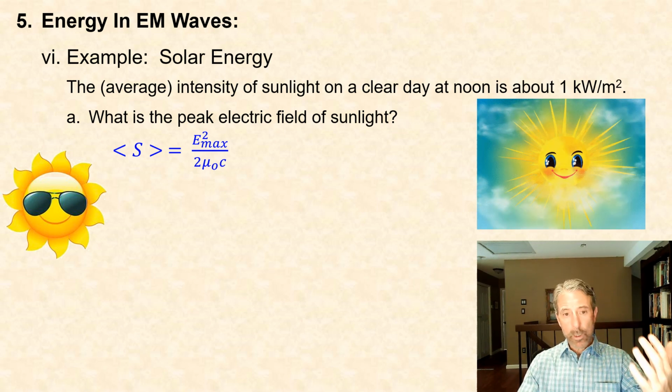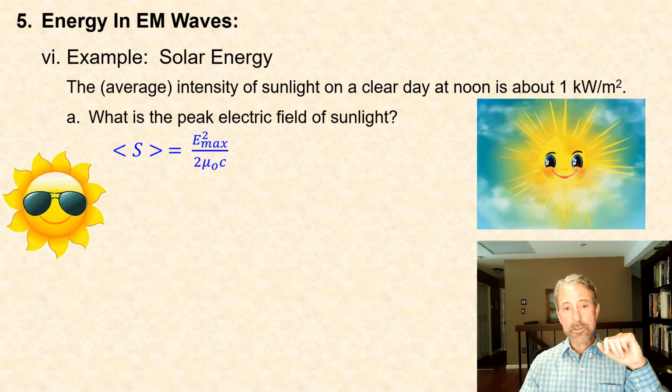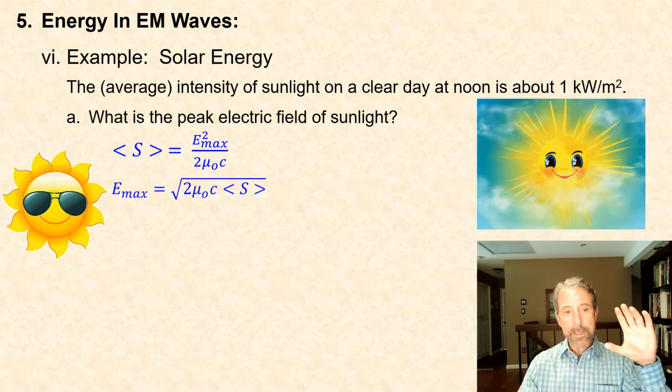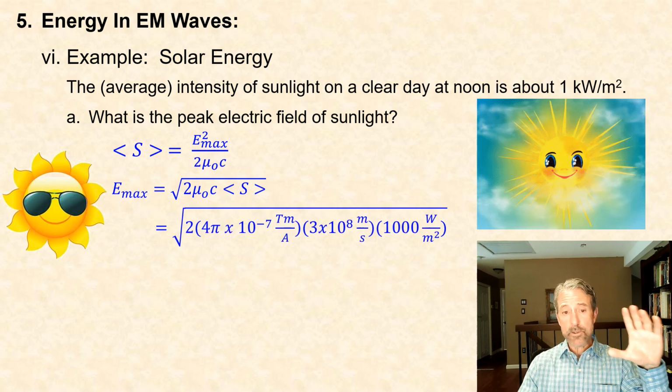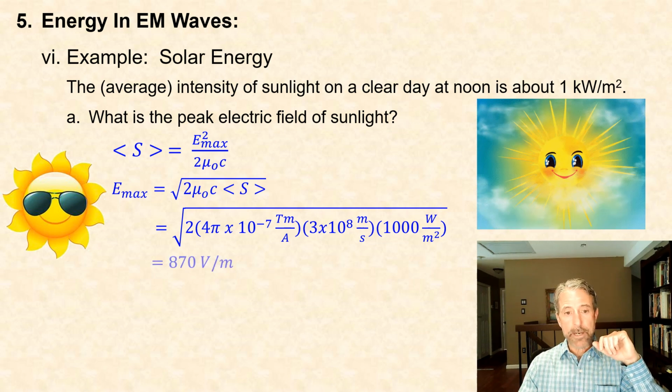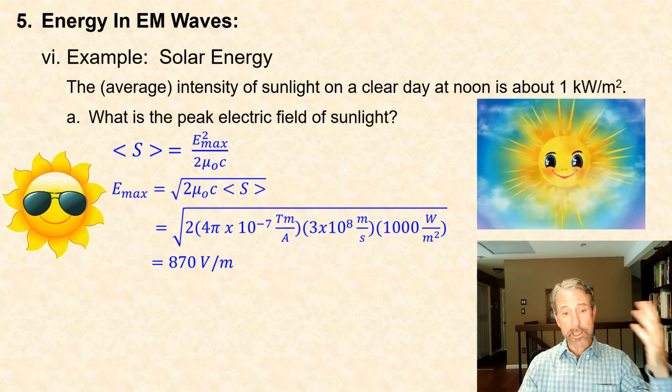We're going to solve it for the amplitude of the electric field, the peak value, and plug in the numbers for these fundamental constants mu naught and c, plug in the value that we're given in the problem for the wave intensity of sunlight when the sun is directly overhead, about 1,000 watts per square meter. And in SI units, this gives us a value for the amplitude of the electric field, that is the peak electric field strength, being about 870 volts per meter.